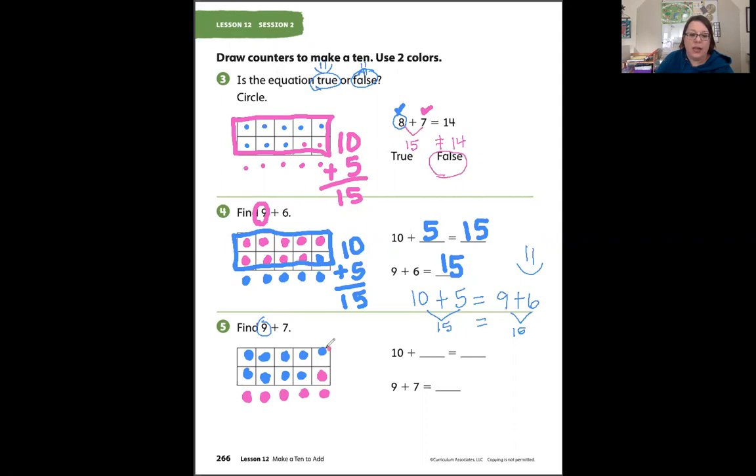So now I have a group of 10. And I'm adding 5 more. 10 plus 5 equals 15. So I'm going to put those 5 ones here. 10 plus 5 is 15. So 9 plus 7. Did I do that right?